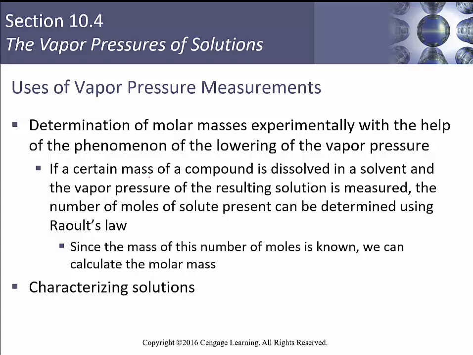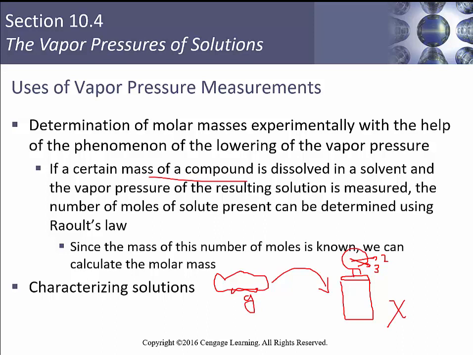If you know the mass of a compound dissolved into a solvent and the vapor pressure is measured, so you take some stuff, a mystery solid, you put it into a container, and your vapor pressure, I'm going to try to draw a little gauge here, goes from 3 to 2. Well, you know how many grams were in here.